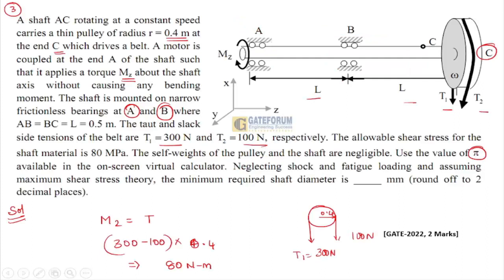Now, when I talk about an FBD, there is some moment at point A, the reaction is RA, at B, RB, and at C there are two tensions, T2 and T1.